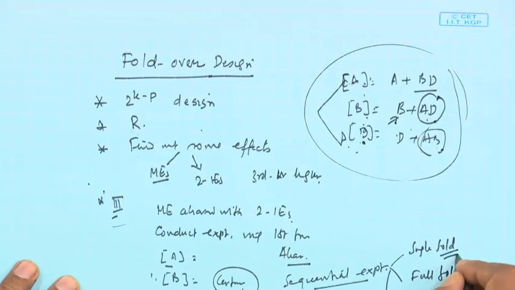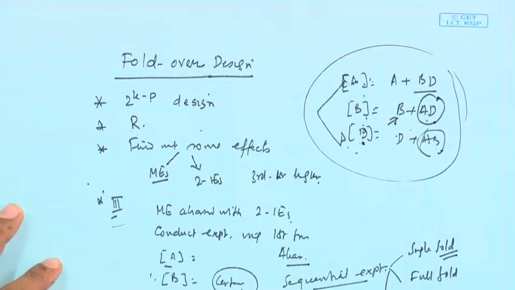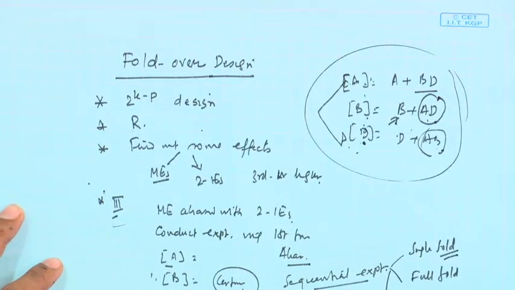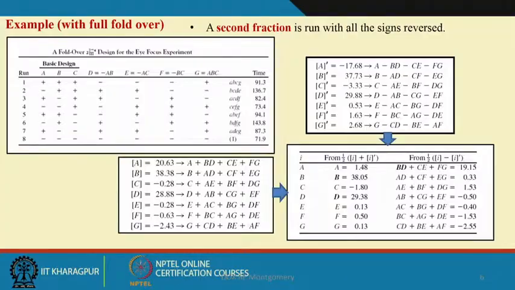Single means you will reverse the sign of only one factor. Full means all, and combination means some will be sign reversed, not one, not full, in between. Okay. So, then you will get another fraction.